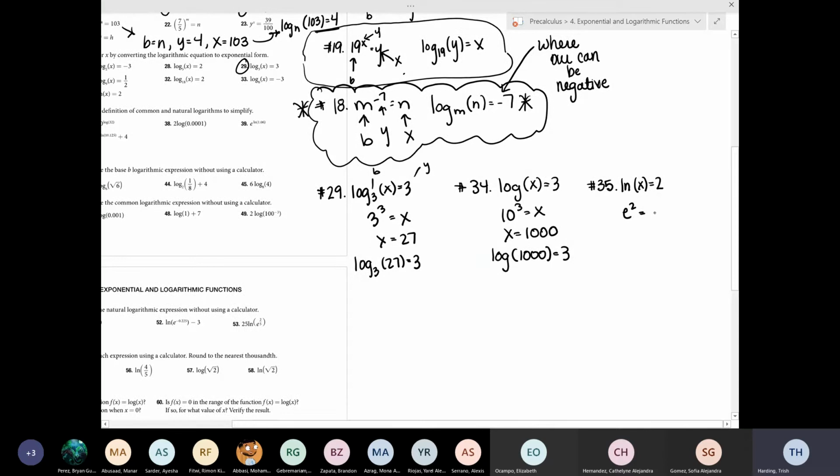So this one, you will have to use your calculator, and you would round to 2 places. But you will have to use your calculator.